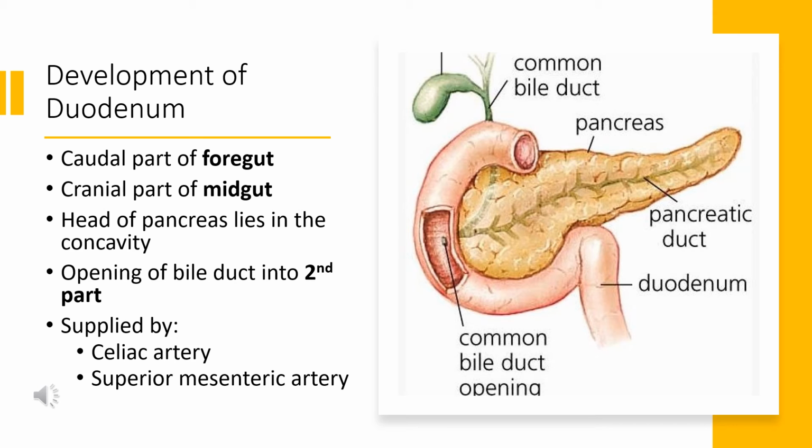The part of the duodenum which lies distal to the opening of the common bile duct and which is developed from the midgut is supplied by the superior mesenteric artery, which is the artery of the midgut. So the duodenum has a dual arterial supply from the branches of the celiac artery and from the branches of the superior mesenteric artery.